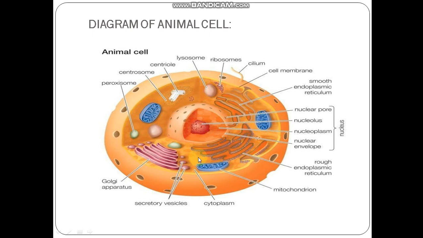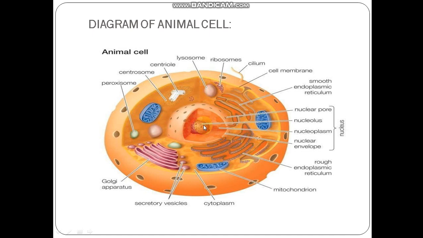Okay, now all the cell organelles are found here. Number one, nucleus. You are looking at the picture, nucleus at the center. What is the location of the nucleus? It was discovered by a biologist known as Robert Brown. It is found at the center position in the animal cell.